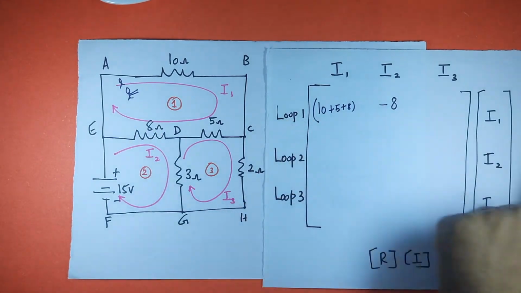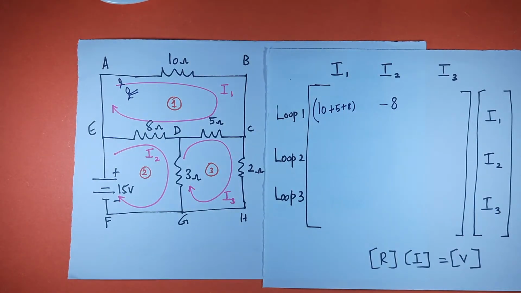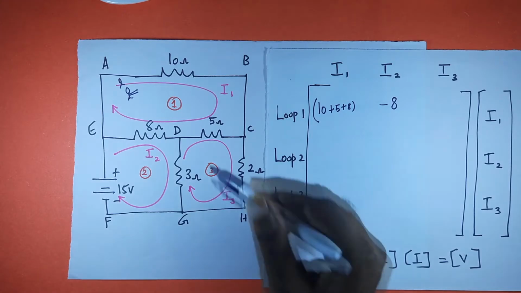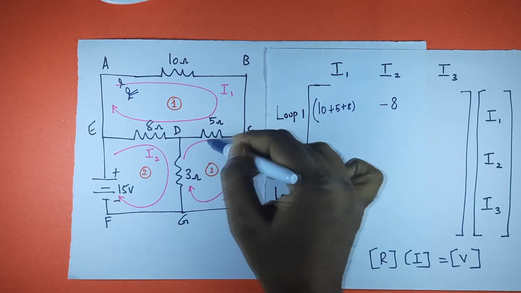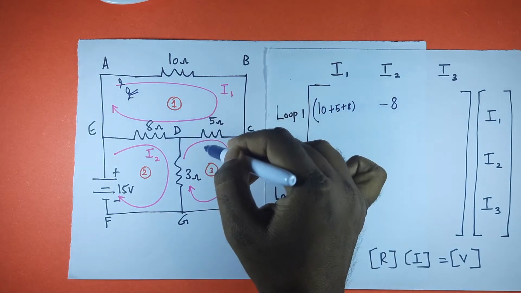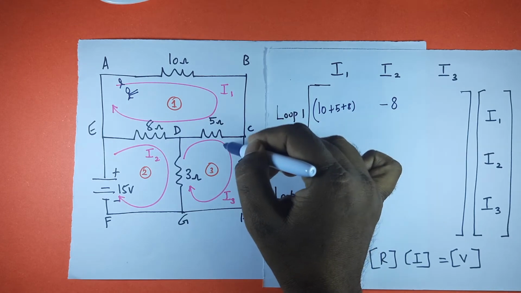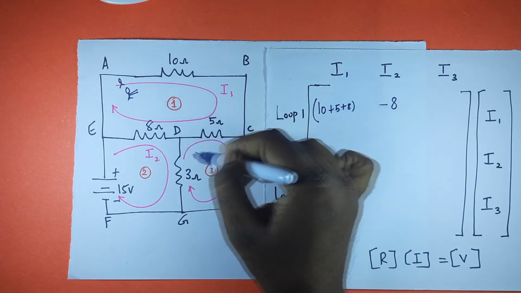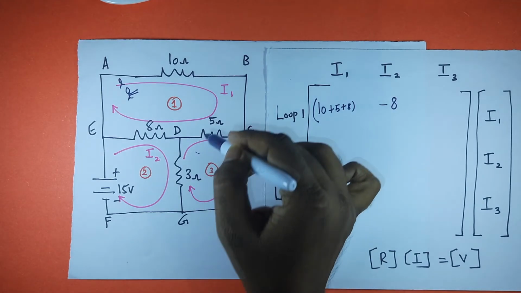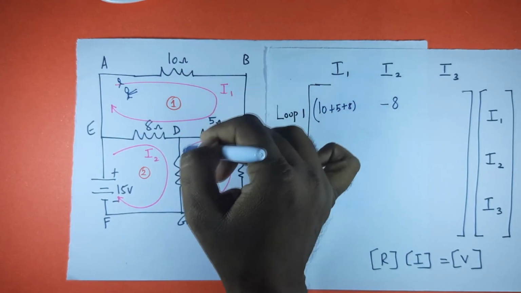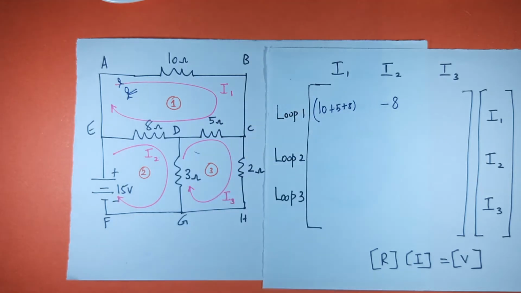Still you are in loop 1. You are asking whether I3 flows through loop 1. Yes, through this 5 ohm I3 is flowing. But actual direction of I1 is like this, I3 is opposite.